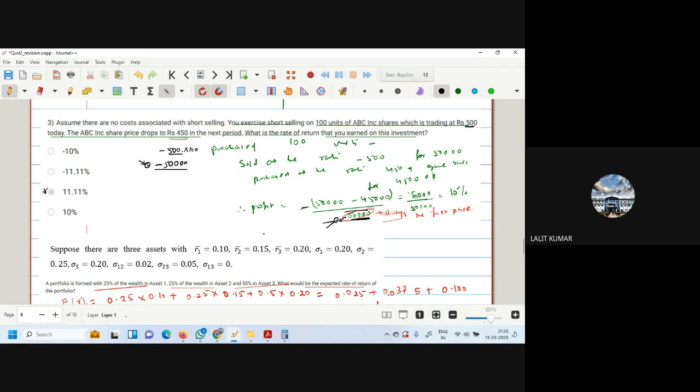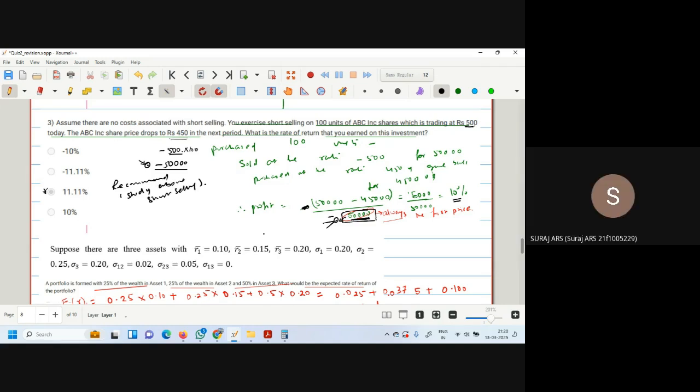So the minus minus cancels out: 5,000 by 50,000, which is 10%. I recommend you study about short selling and the profit.